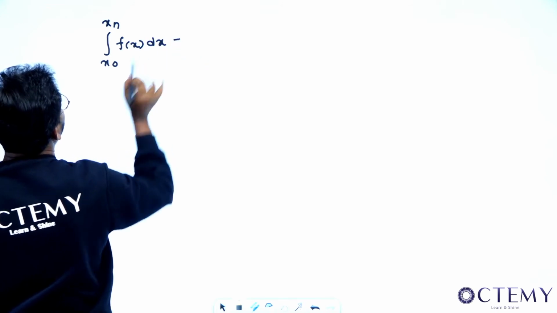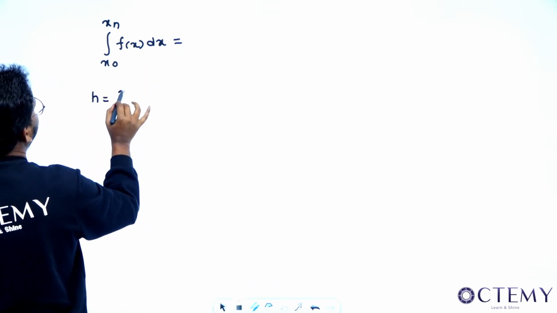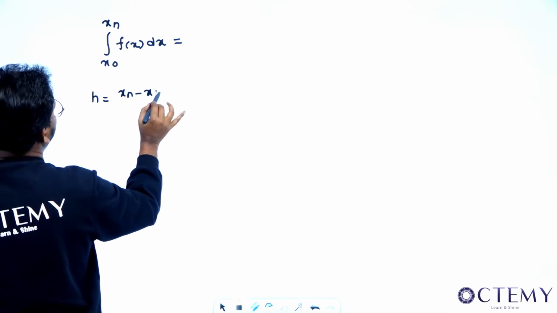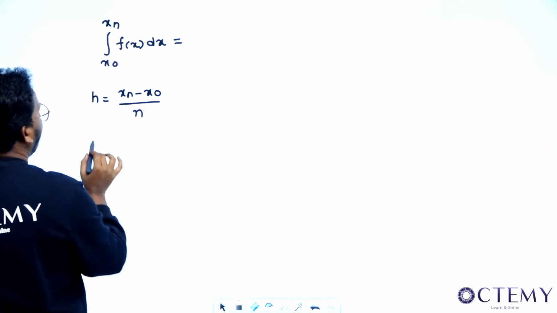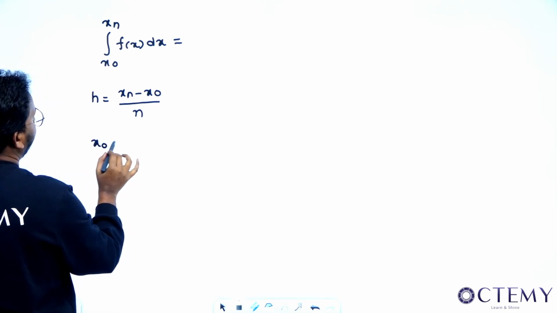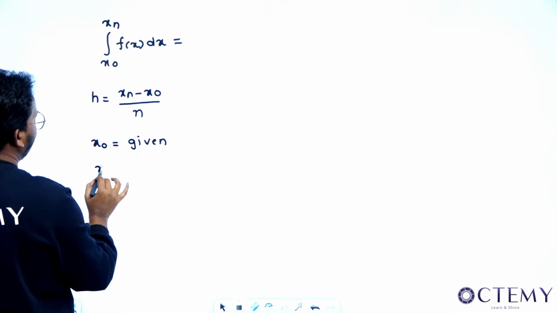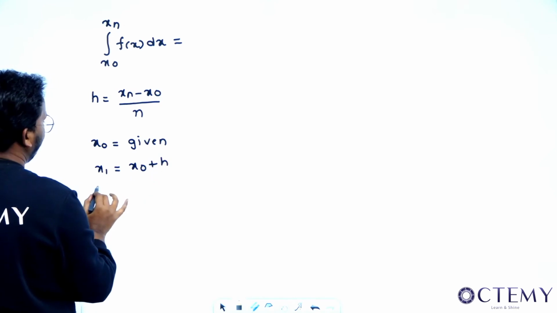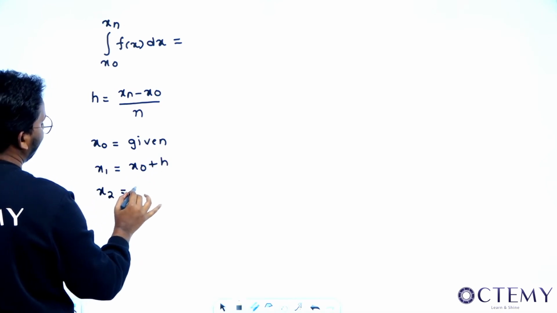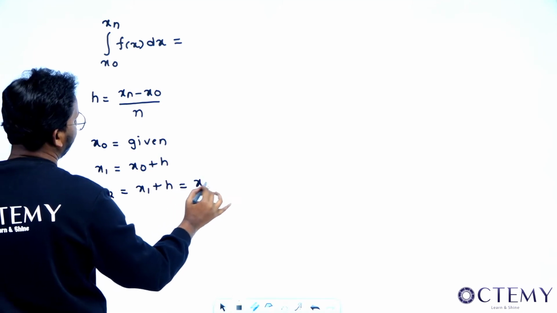dx will be equal to, first I have to define my h. What is h? h is xn minus x0 divided by n, right? And x0 will be given to you. Your x1 will be x0 plus h. Your x2 will become x1 plus h, or x0 plus 2h.